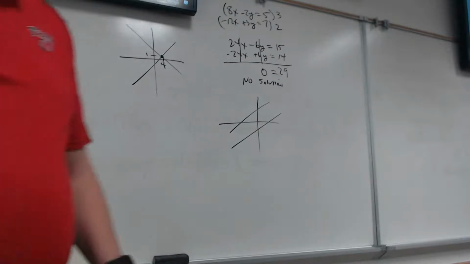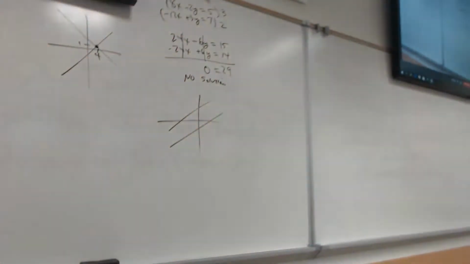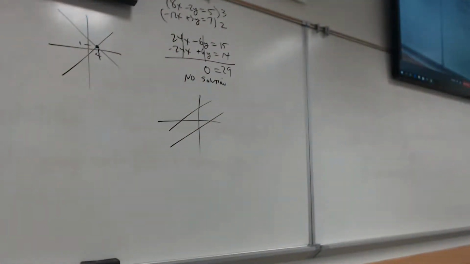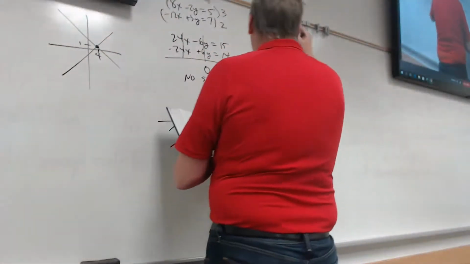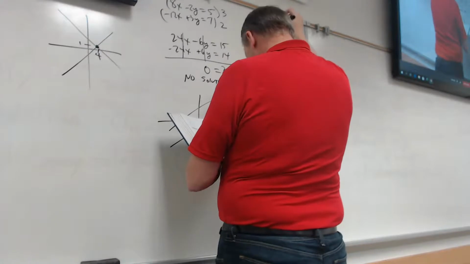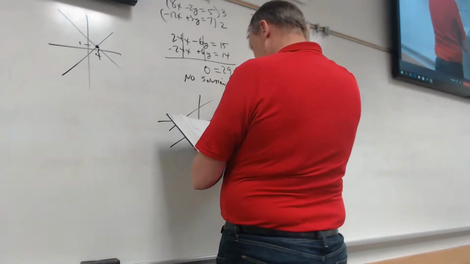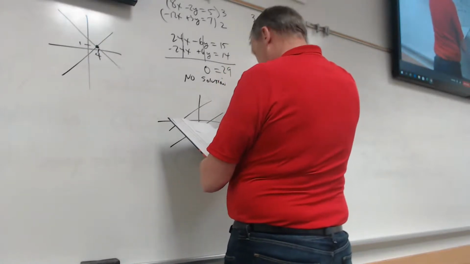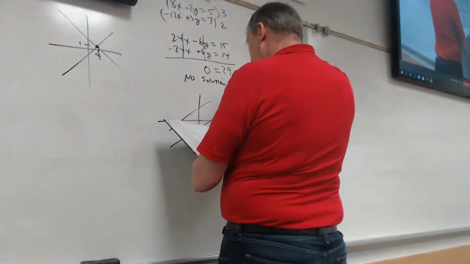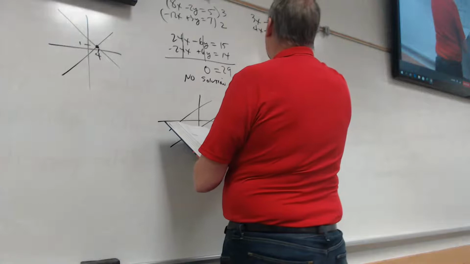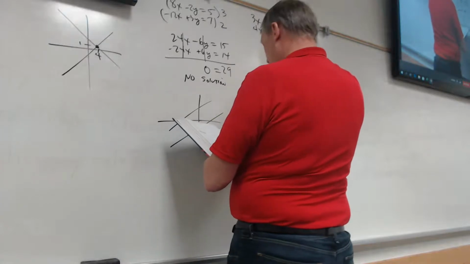All right, one more that I would like to do just really quickly. What if we had 3x minus 6y equals 12 and 4x minus 8y equals 16.